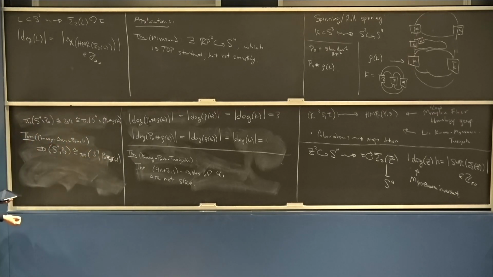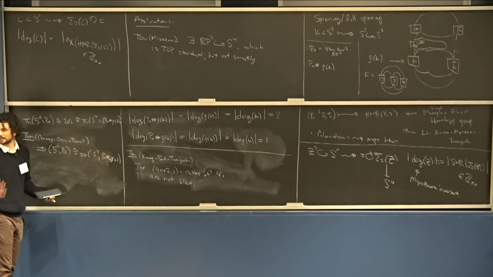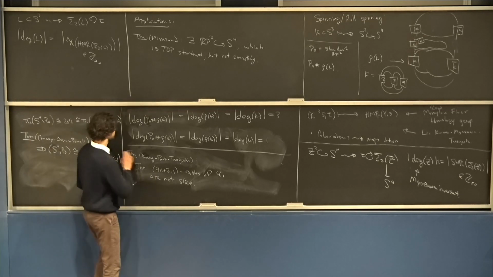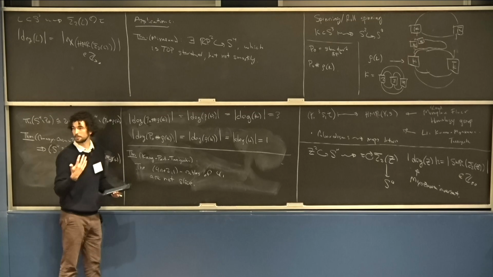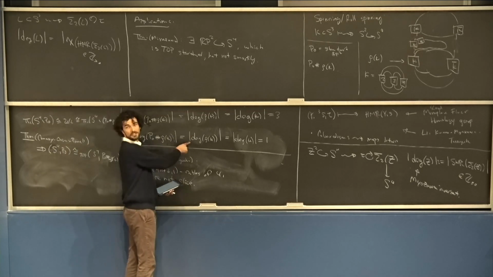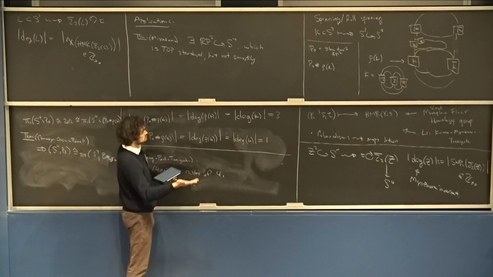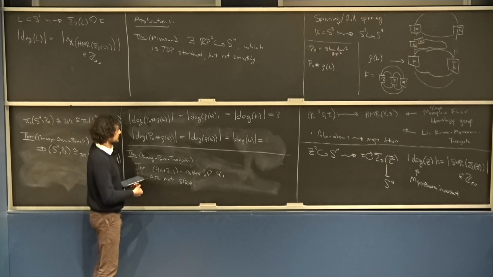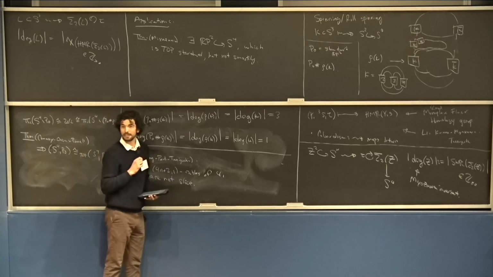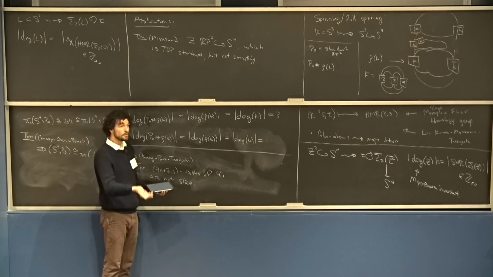So the thing that gets me sort of excited about this perspective, not just, I mean, these are great results, but the other thing that really excites me is the thing that really actually distinguishes these RP2s is the fact that you could distinguish actually the spheres. So there's sort of the natural question, can this degree invariant detect sort of exotic S2s in S4?